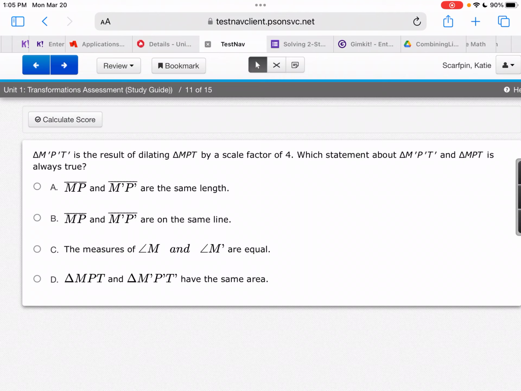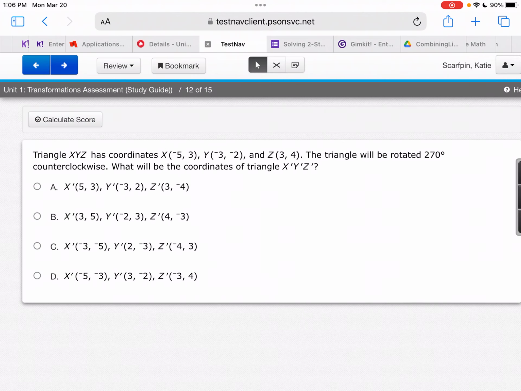The line that they're on is also going to change because I'm multiplying all my points by 4. The areas are all going to change because I'm multiplying the length and the width by 4. But the angles are not going to change. In a scaled copy, the angles always remain the same.